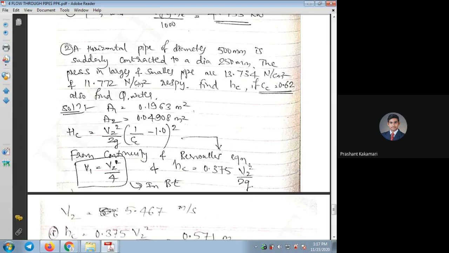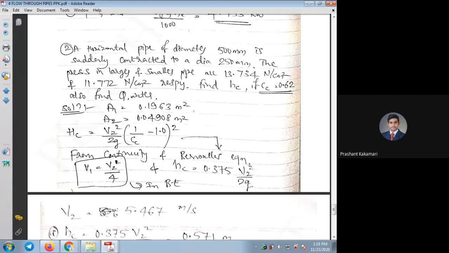plus head loss due to sudden contraction. So that you have to add on the right hand side. That I can take as V2 square by 2g into bracket 1 by Cc minus 1 whole square, or what I can do, I can write directly this V2 square by 2g plus 0.375 into V2 square divided by 2g.